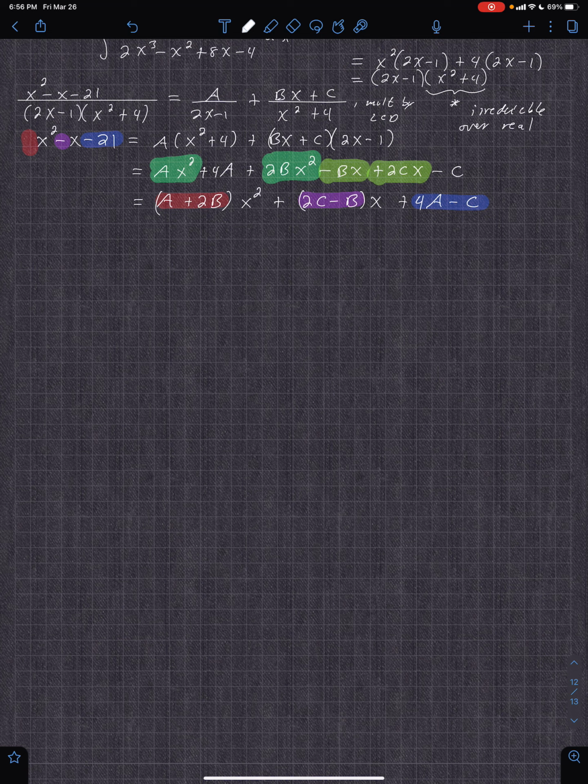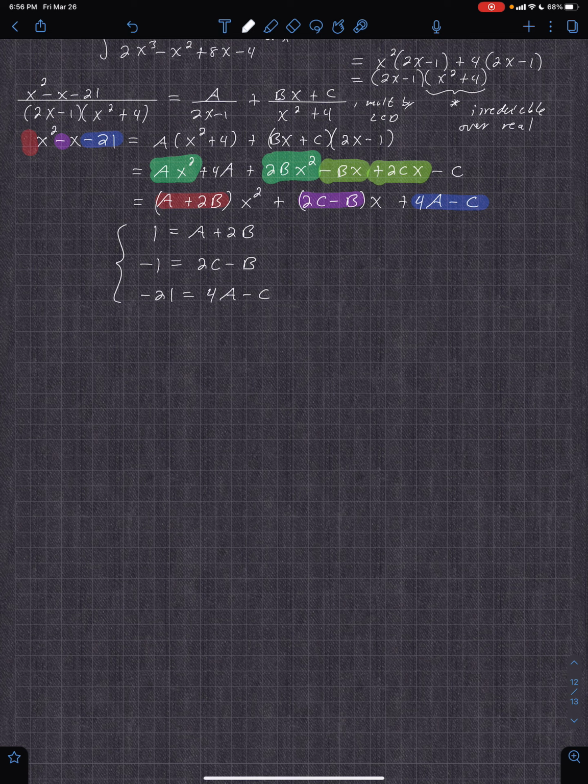Okay, so you have 1 equal to a plus 2b. We have negative 1 equal to 2c minus b. And we have negative 21 equal to 4a minus c. And so this is your system you're solving.